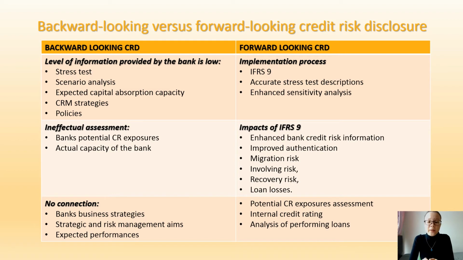The main aspects of forward-looking information that saw improvements due to IFRS 9 were rating quantifications, mitigation risk, insolvency risk, recovery risk, provisioning for loan losses, possible credit risk exposure assessments, implications of internal credit ratings for bank management, and analysis of non-performing loans.